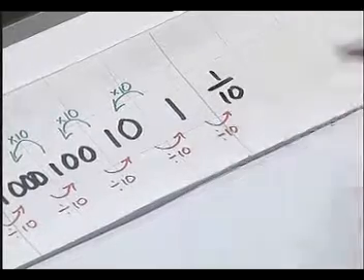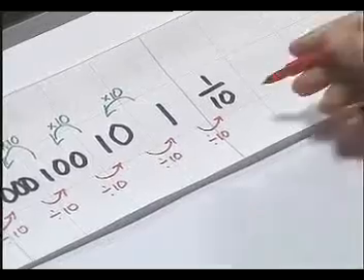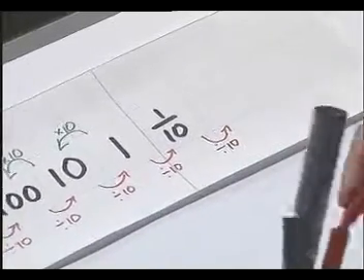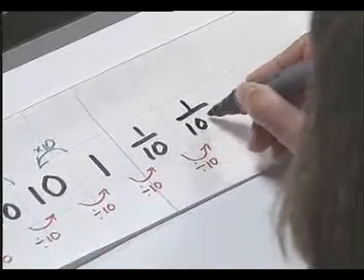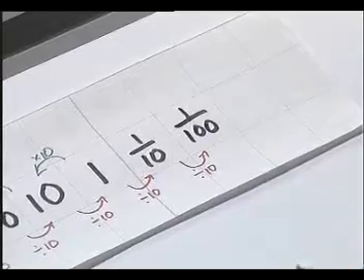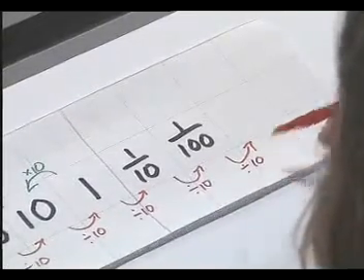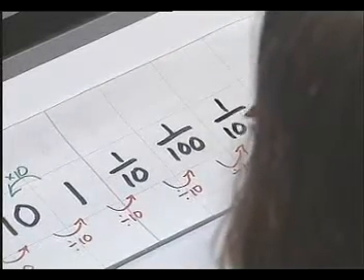So if we divide 1 by 10, I'm going to write it as a fraction, we get 1/10. Well, let's divide by 10 again. And this time we get 1/100th. And dividing by 10 again, we get 1/1,000th.